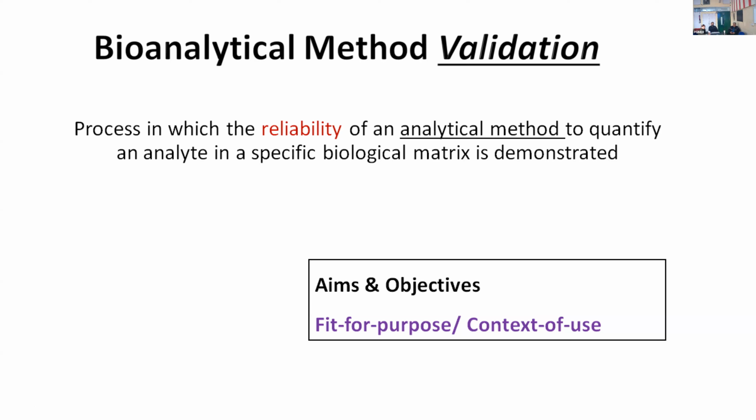And what does validation mean here? It means the process in which we establish the reliability of an analytical method to quantify that analyte. Its aim and objective is documented evidence that the method we follow is fit for its intended purpose, and the results are of quality, reliability, and consistency.